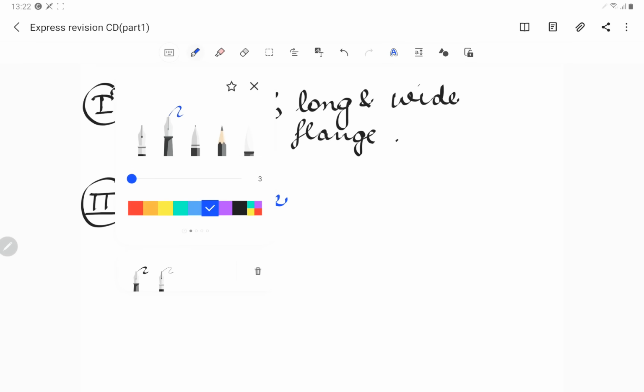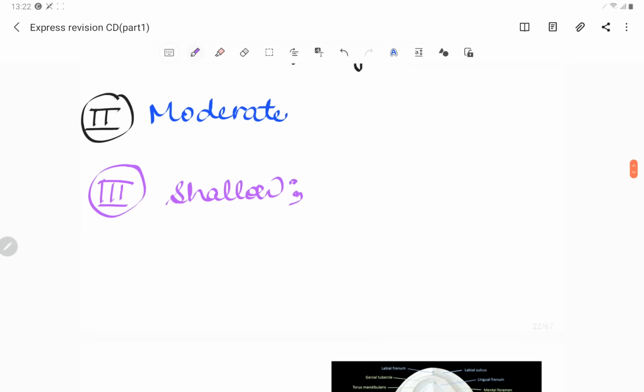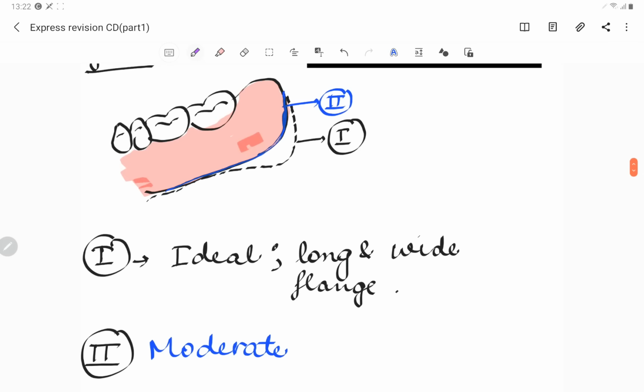So coming to the third one, which is the shallow lateral throat form. In the shallow lateral throat form, the border ends are 2 to 3 millimeters below the mylohyoid ridge. So this is the minimum length and thickness.